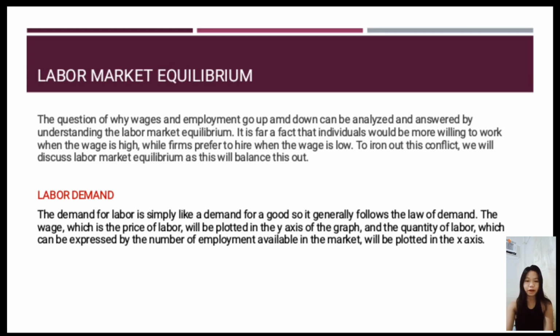Labor market equilibrium. The question of why wages and employment go up and down can be analyzed and answered by understanding the labor market equilibrium. It is a fair fact that individuals would be more willing to work when the wage is high, while firms prefer to hire when the wage is low.